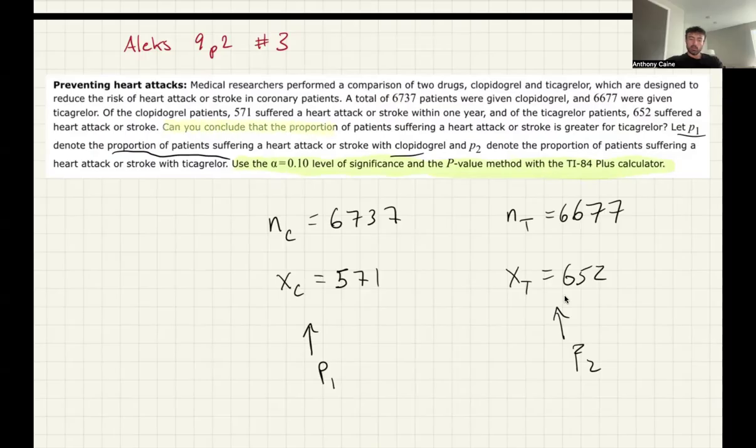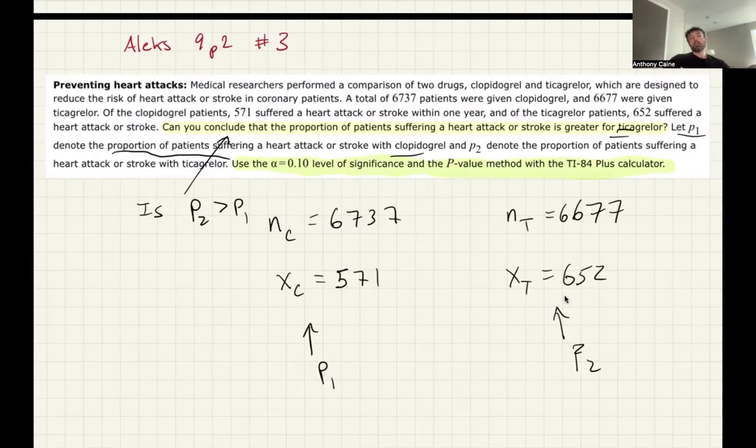Here we go. Can you conclude? Thank you. They're not telling us what the alternative hypothesis should be. That's what I couldn't find in the green, because it's in the yellow. So right here, can you conclude the proportion suffering from heart attack or stroke is greater for T? So is P2 greater than P1?